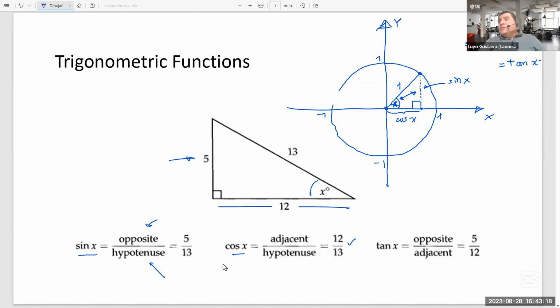So what else do we need to remember? Basically, if you know some well-known values or common values of sine and cosine of angles that are between 0 and 90 degrees, then you can calculate the trigonometric functions of any angle.